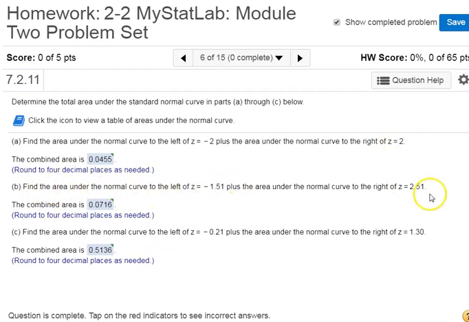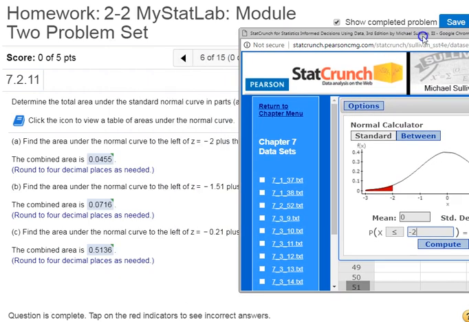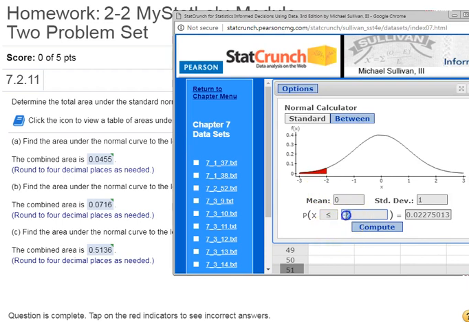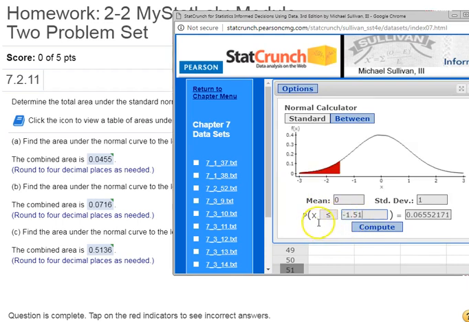For B, we actually get two different z-values, so we're going to have to find their probabilities individually and then add them together. So to the left of negative 1.51 z-value, negative 1.51, make sure you have less than here, so you can see by your picture that we're looking at the left of that z-value. So jot down the probability of being in that region.